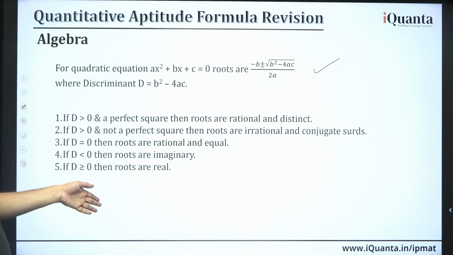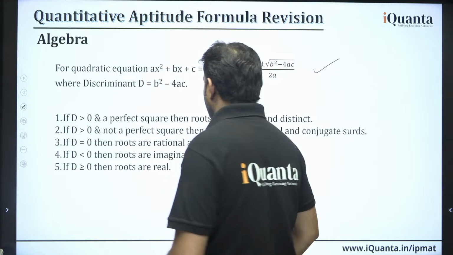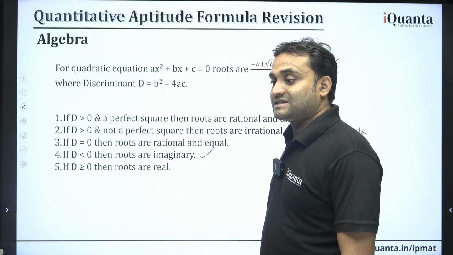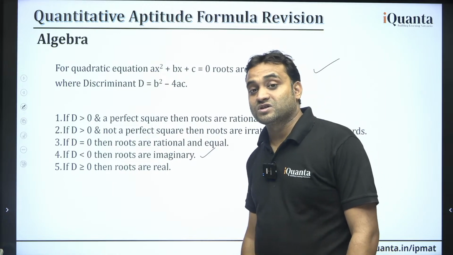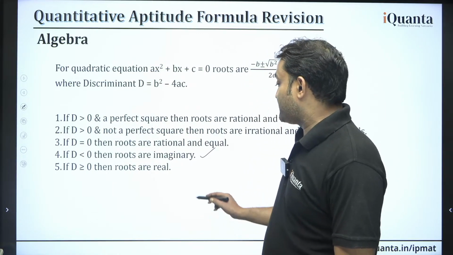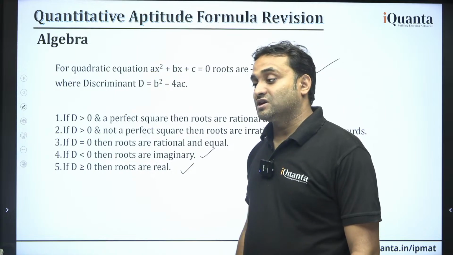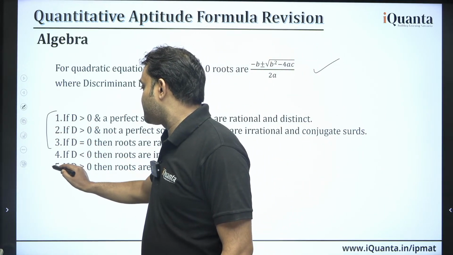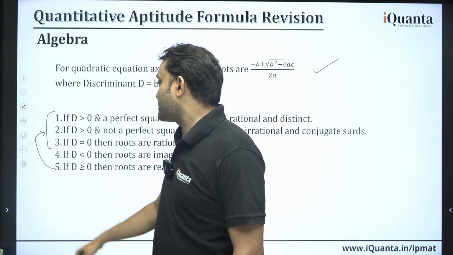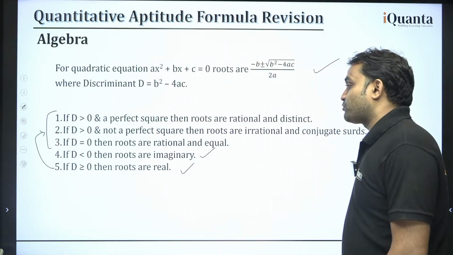First of all, starting with the fourth point, if the discriminant is less than 0, then roots are imaginary, not real. But if d is greater than or equal to 0, roots are real. Now these three are part of this fifth point only.